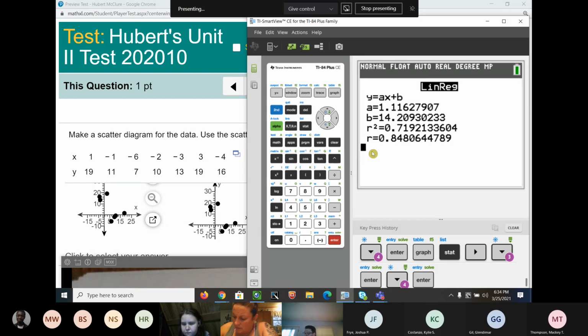Y is equal to 1.11627907. I'm writing down what you got. I don't understand what you're doing wrong. I'm putting the points in there and then I hit graph or stat linear regression, option 4.